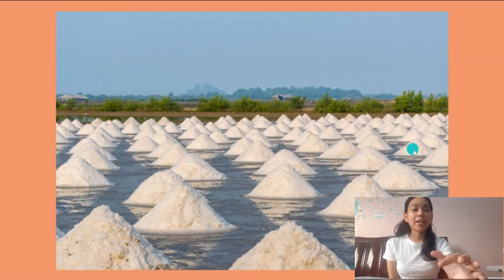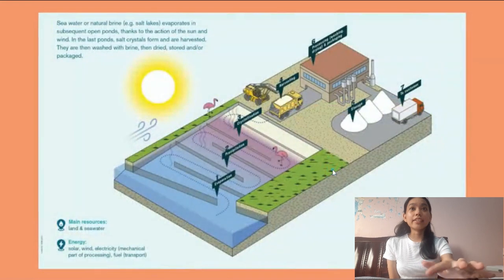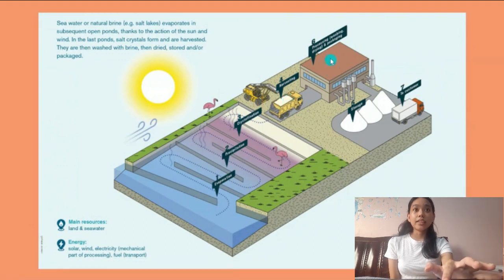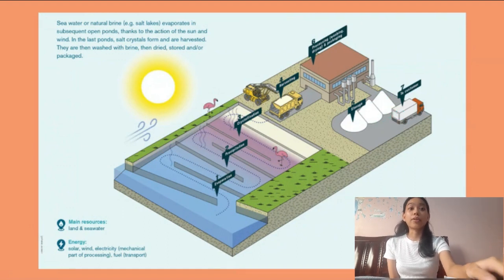Pero after some time, dahil nga nag-evaporate na yung water, ang matitira is yung salt. Dito mag-evaporate yung water, maiiwan yung salt, iha-harvest nila, lilinisin, tapos isto-store nila. It's very simple, pero pretty amazing yung nagagawa ng evaporation talaga.